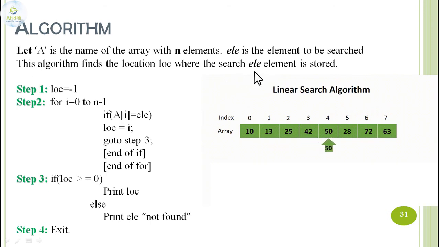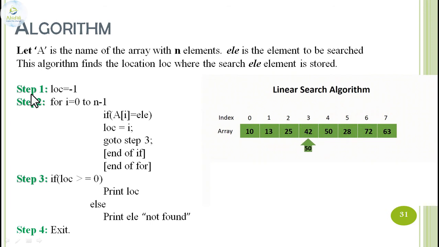So we require the input for ELE. Now we will discuss the algorithm. In the algorithm, the very first step will be initializing the location value equal to -1. Can anybody guess why the location value is initialized to -1, why not to 0, 1, 2, 3, any number?